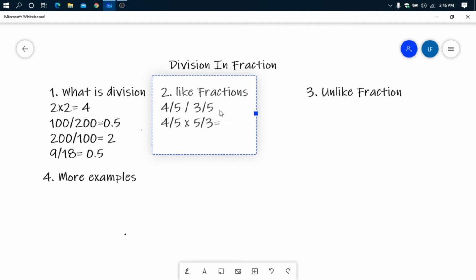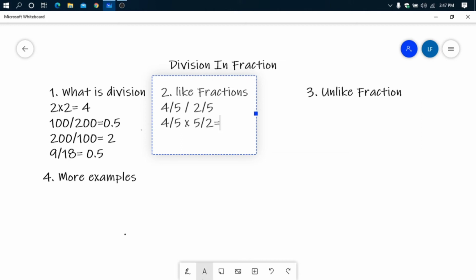Now, what if this 3 becomes 2? Let's take it as 2 by 5. Then we can cancel the 5s out, so it becomes 1, and then we can cancel 4 and 2. 2 will become 1 and 4 will become 2.